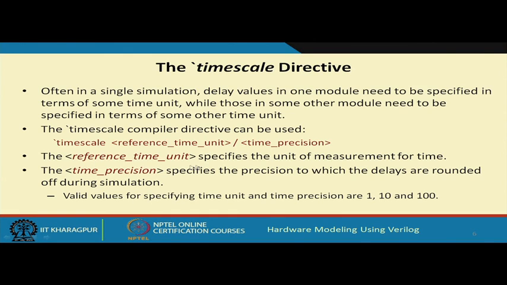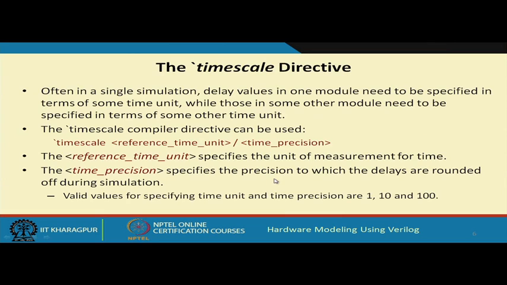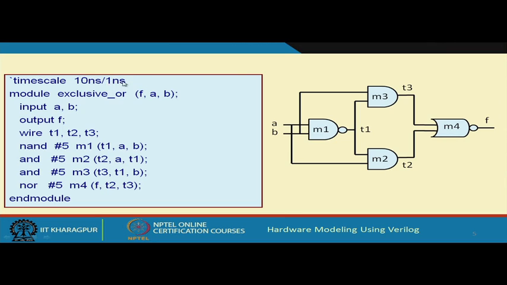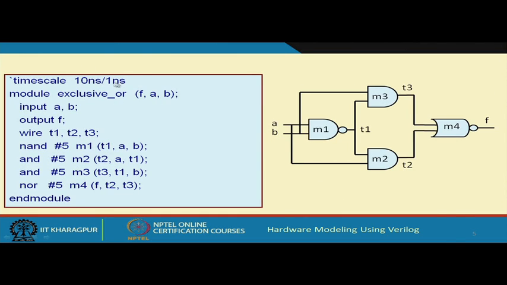The reference time unit specifies the unit of measurement of time, as I had said. Whatever you specify here as 5, this 10 nanosecond is the unit, so 5 into 10, right. And the time precision, the second one, here 1 nanosecond, specifies the precision with which we round off the delays during simulation. That means how accurate the simulation is. The simulation will be accurate up to 1 nanosecond. Okay.